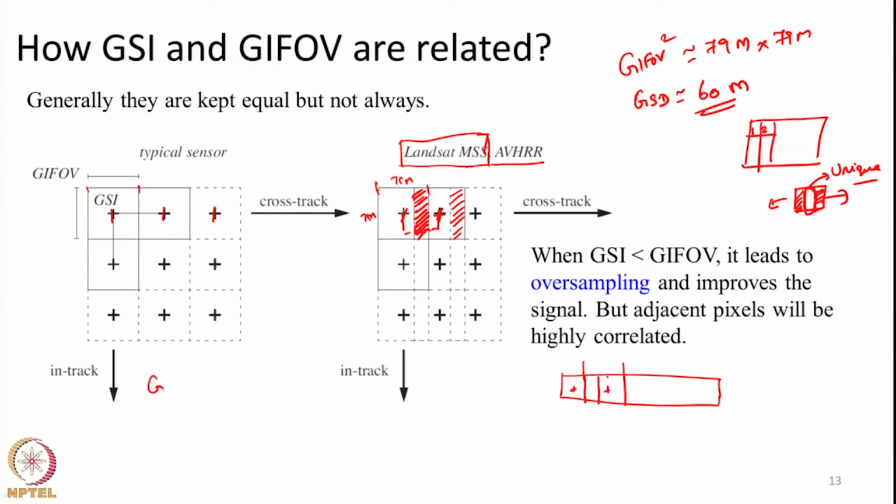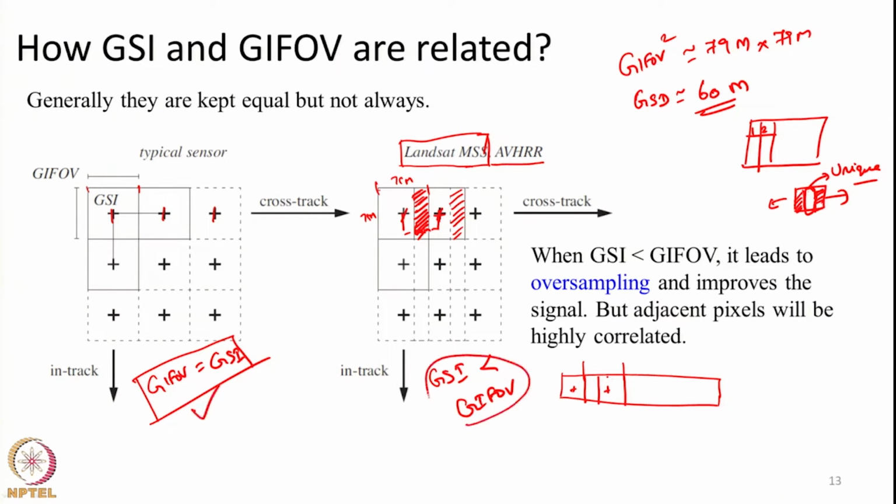So, GIFOV and GSI will be made equal in a typical remote sensing system. Landsat is an example of GSI size smaller than GIFOV. This is not preferred. This was done just to improve the signal quality, but adjacent pixels will be highly correlated. Next we are going to see this in a little more detail through an example.